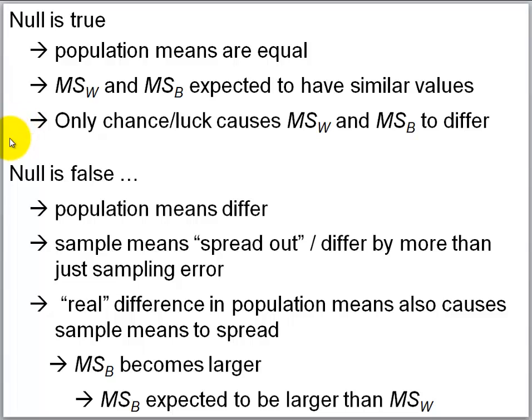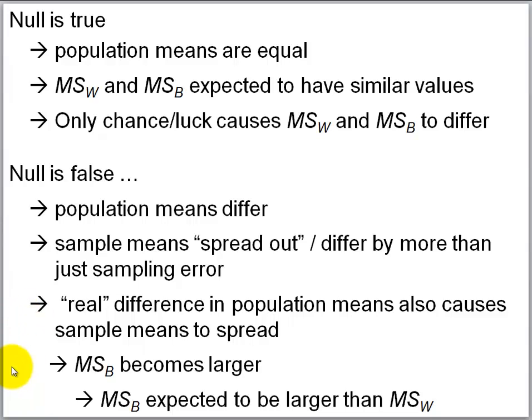Now, when the null is false, population means differ. Because population means actually do differ from one another, sample means differ more than would be expected just by chance. In other words, the real difference in population means causes the sample means to spread out more than one would expect just by chance alone.